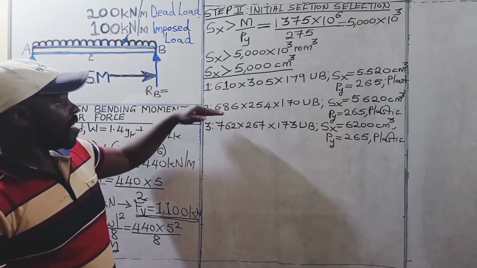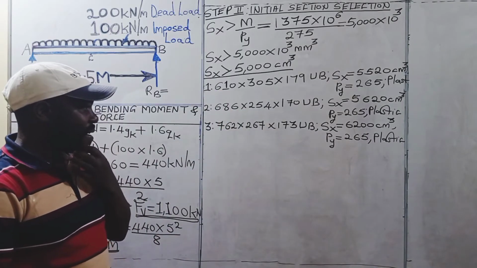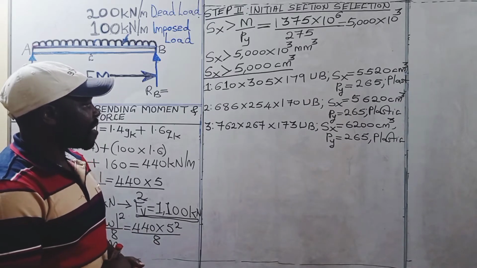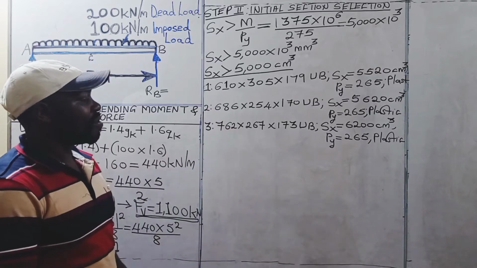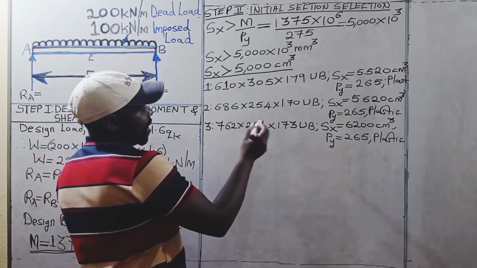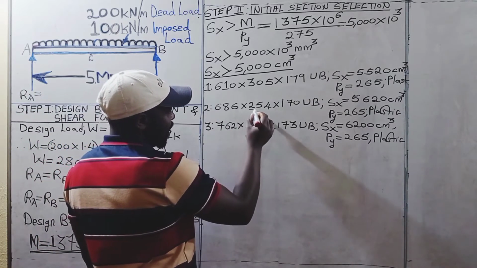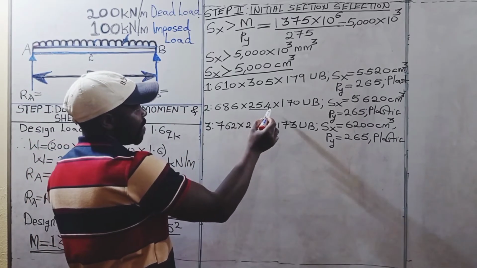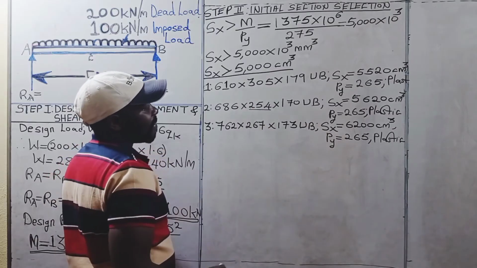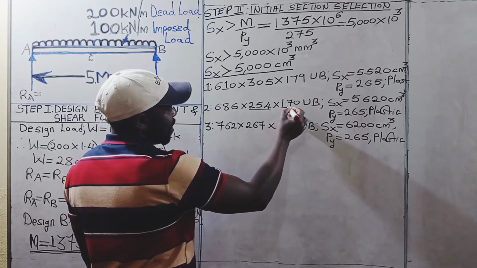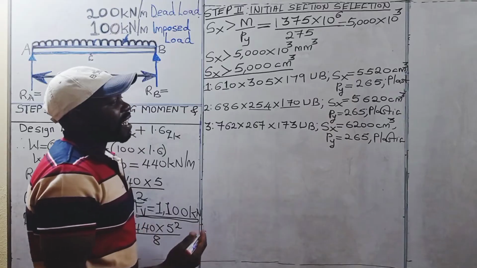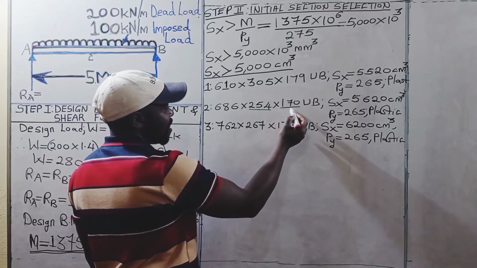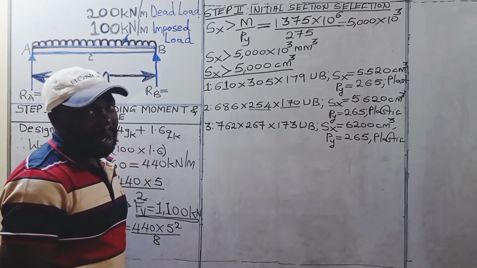Having the 3 sections, the most suitable section appears to be section number 2, since it has the least depth of 254 among the 3, and it is the lightest among the 3, since it has a mass of 170 kilograms per meter.